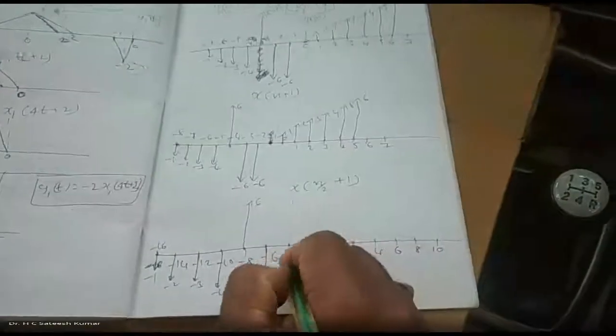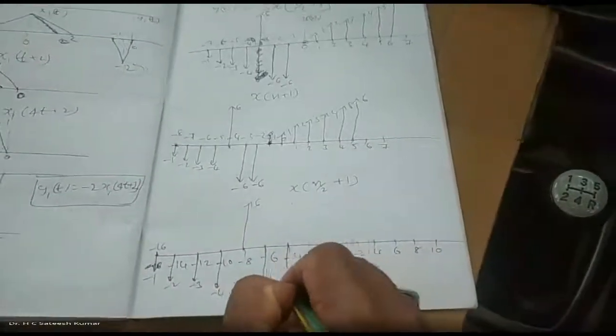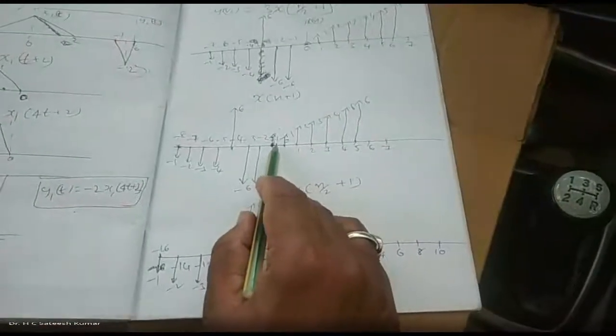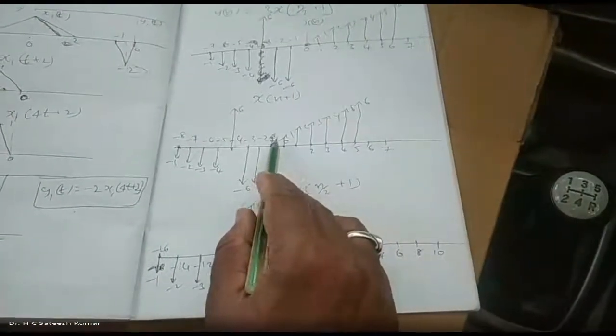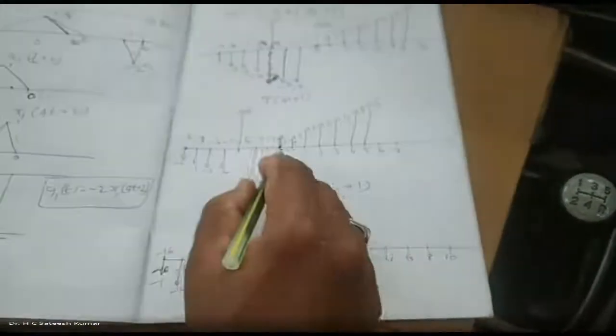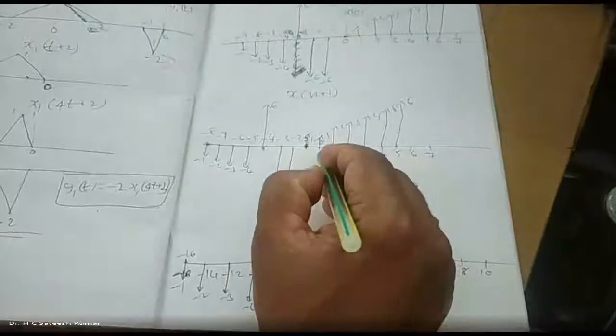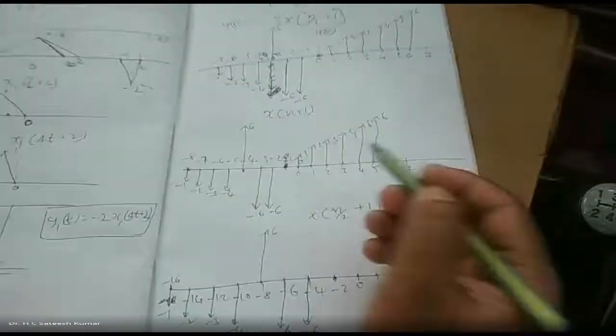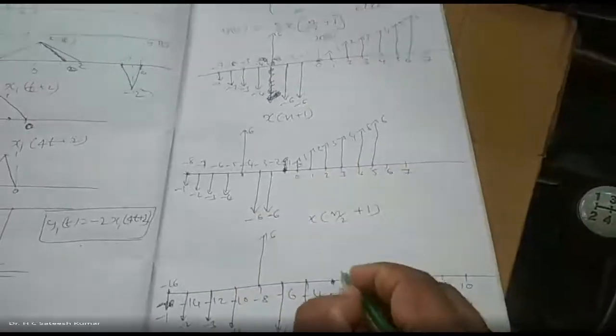At -4 also its value is -6. N by 2 is equal to -1, n is equal to -2. At -2 the value is 0. N by 2 is equal to 0, n is equal to 0. At 0 its value is 1.